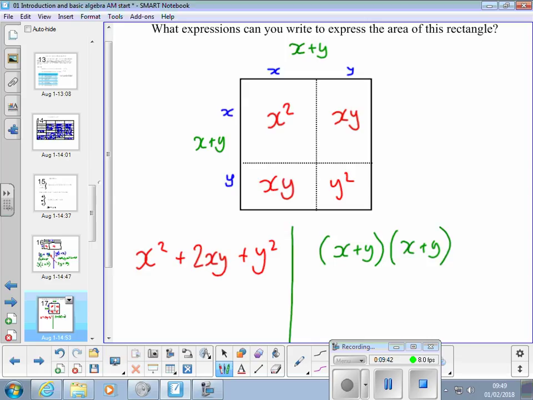Is there a more succinct way I could write that? We could write it as x plus y all squared. There'll be times when you've got a term like that, two terms in there squared, and you need to expand that out. So you write it out like that and expand those brackets.